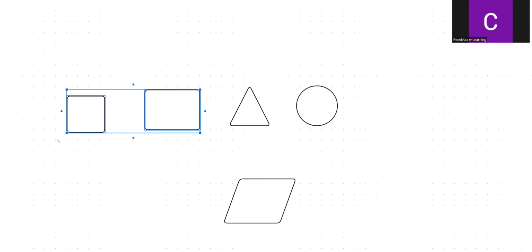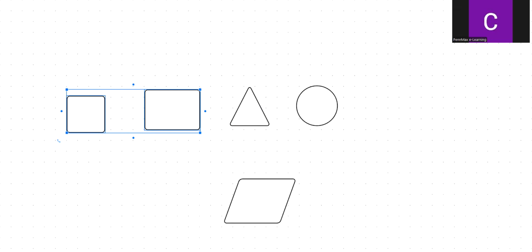These two are equal and these two are equal, but if you measure from this to this, they don't equal. So that's why the square is called the equal shape, because it has four equal sides and four equal angles.